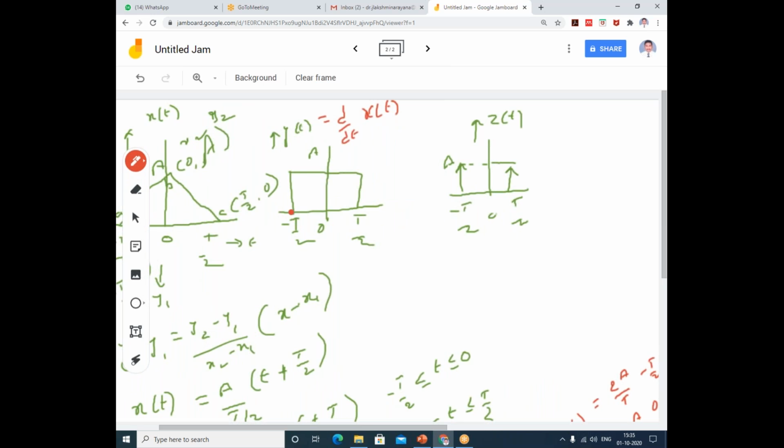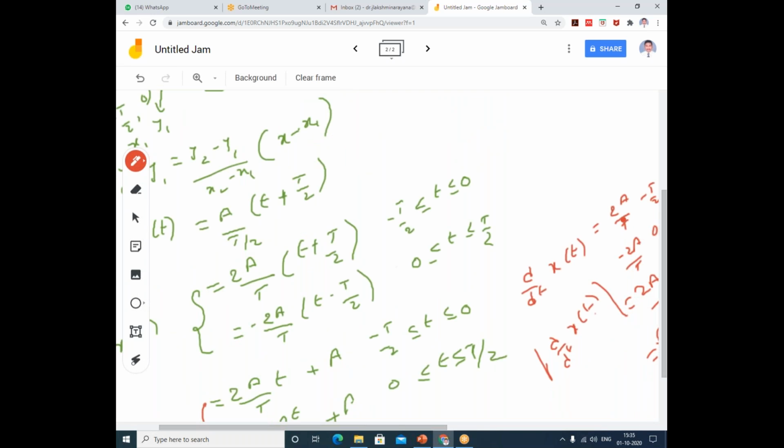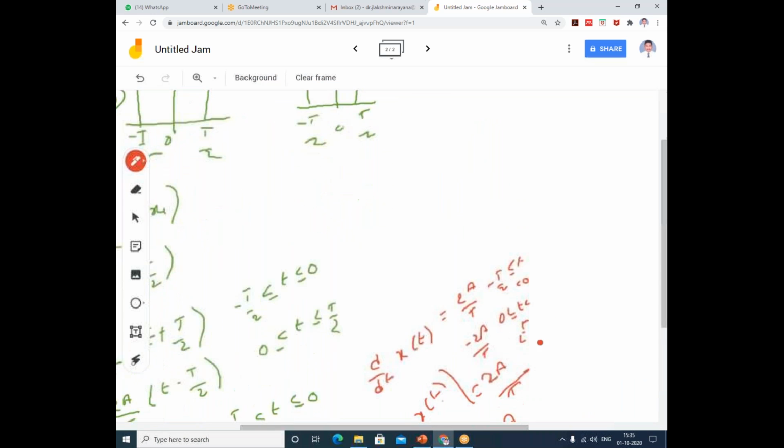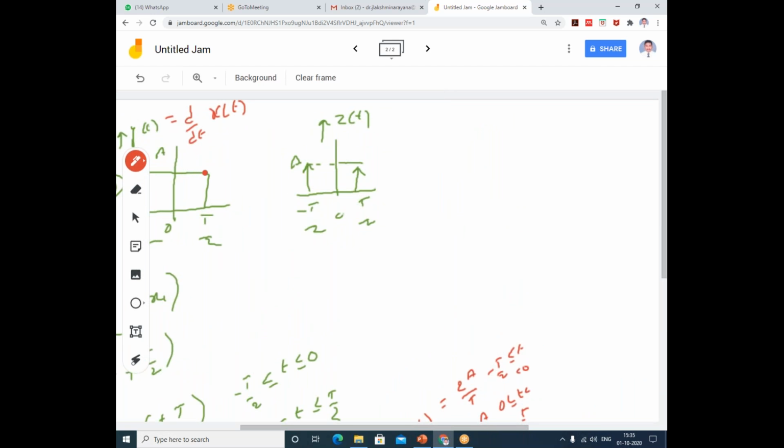So observe it: from minus T by 2, the amplitude starts from 0 and goes on increasing to a maximum value of a, and it will continue up to T by 2. Now at T by 2, the amplitude falls from the maximum value to 0. So this is what a rectangular waveform is.